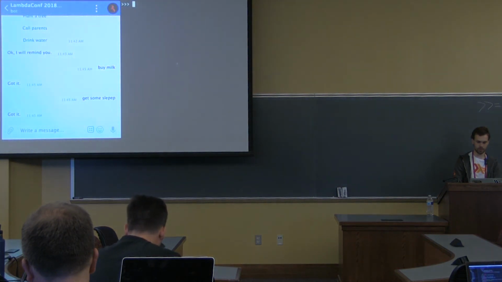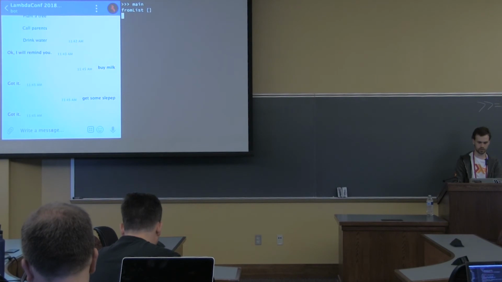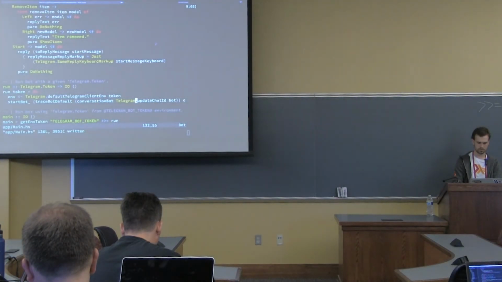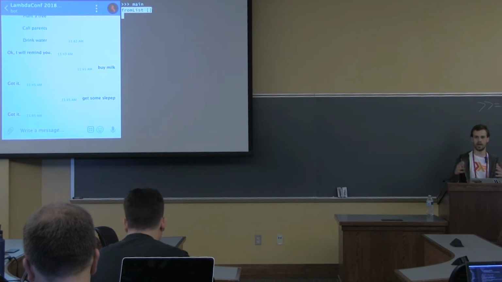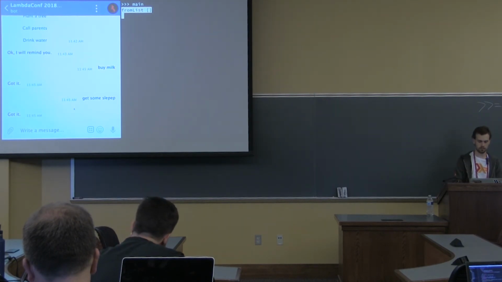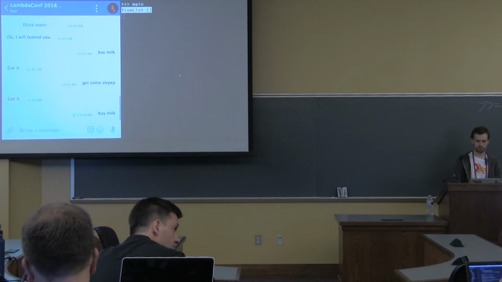So now, if I load the code and run it, is that correct? Okay, yeah. Now the initial state is an empty list, because we now have a hash map for our model, like a top level model.